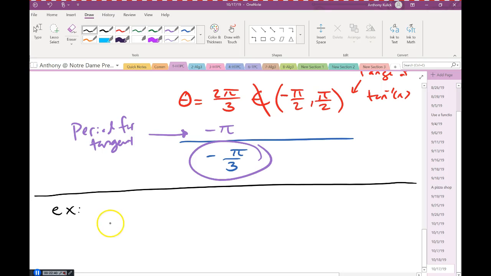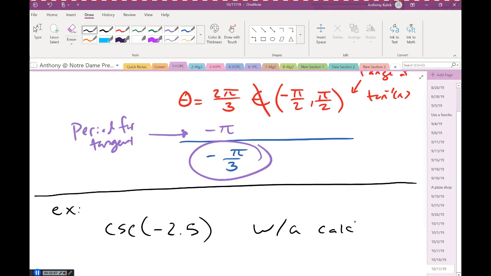Okay. What if we wanted to do something like this? What if I wanted to do cosecant inverse of positive 2.5 with a calculator?